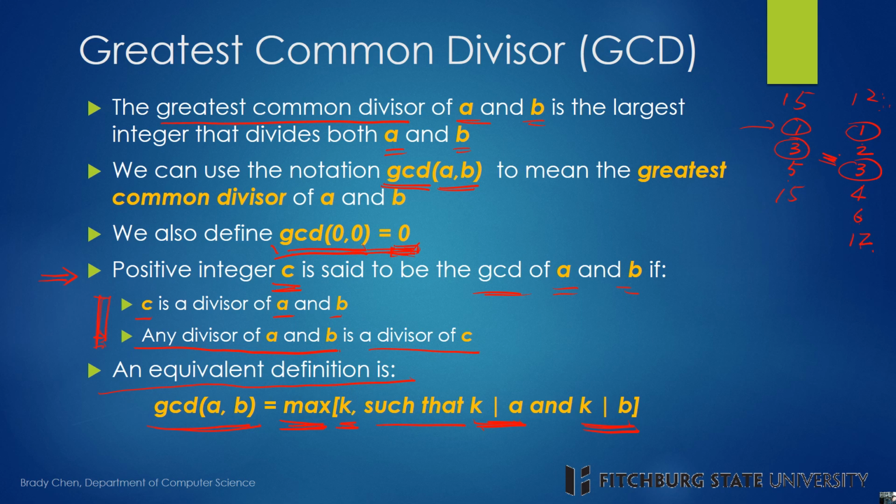Among all the numbers k that divide both a and b, we choose the maximum number, and that's the greatest common divisor, right? For example, the list of k could be 1. 1 is a common divisor, right? 1 divides 15, 1 divides 12. And k could also be 3, because 3 divides 15, 3 divides 12. Then we choose the maximum between these two numbers. The maximum is 3, right? So that's another definition.